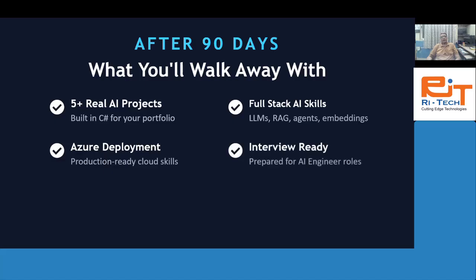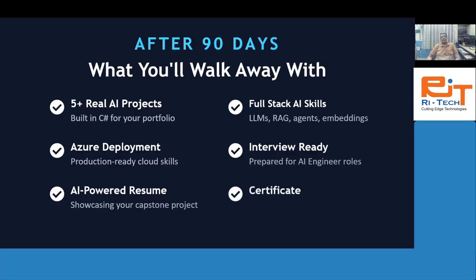Then interview ready, so prepare for AI engineer or ML engineer roles. An AI-powered resume, so showcase your capstone project and other projects and use cases that you have implemented. And at the end, we'll get the certificate of completion.